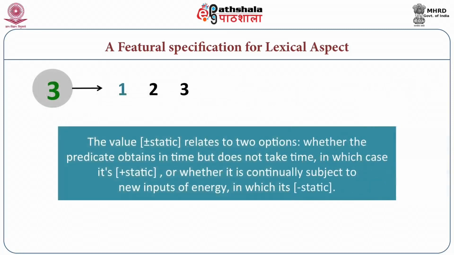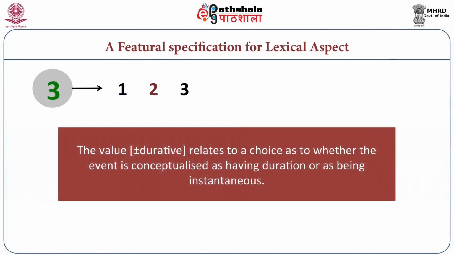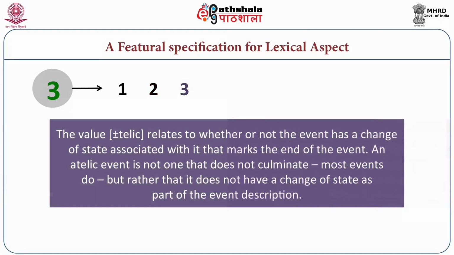The value plus minus static relates to two options: whether the predicate obtains in time but does not take time, in which case it is plus static, or whether it is continually subject to new inputs of energy, in which case it is minus static. The value plus minus durative relates to a choice as to whether the event is conceptualized as having duration or as being instantaneous. The value plus minus telic indicates whether the event has a change of state associated with it that marks the end of the event.